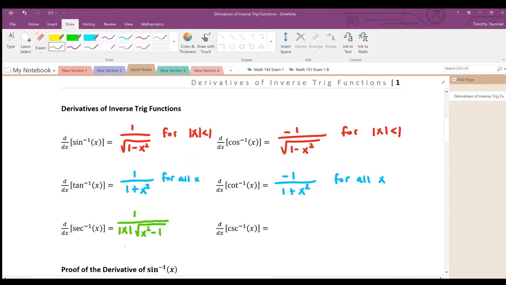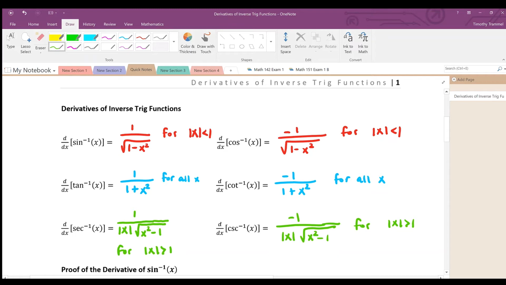And this is for the absolute value of x greater than 1. And then the derivative with respect to x of cosecant inverse of x should be -1 over the absolute value of x times the square root of x squared minus 1. And this is also for the absolute value of x greater than 1.